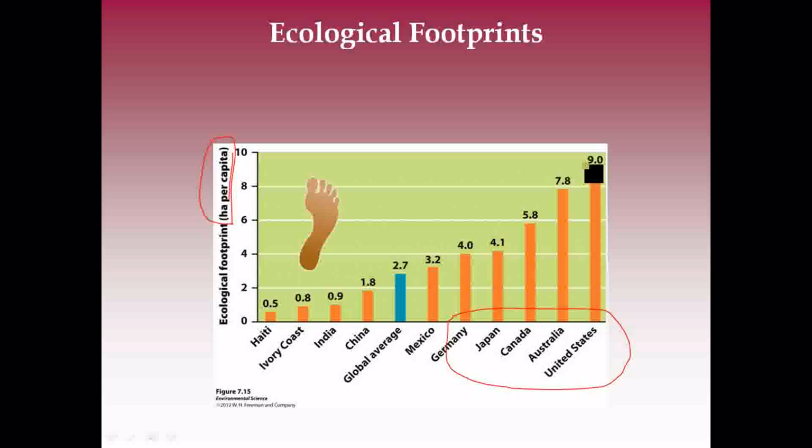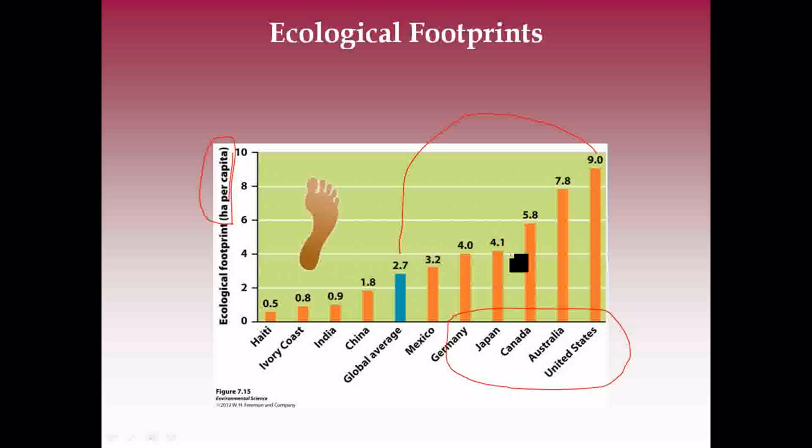So each one of us consumes about 9 hectares of land. And compare that to the world average. Wow. What are we, about 3 times above the worldwide average? Some of these other developed countries don't take up nearly as much space. They don't use up nearly as much resources as we do.